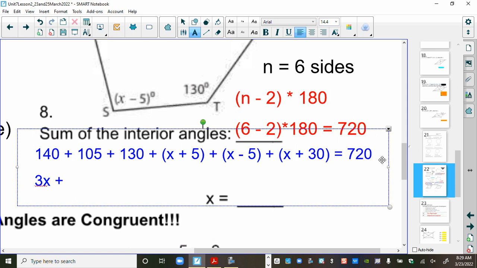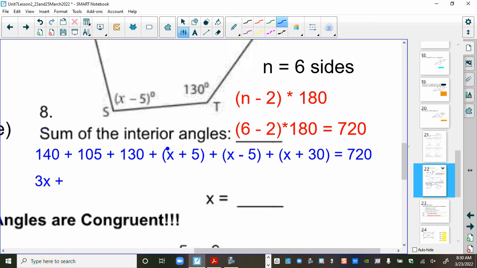plus, okay, add all your numbers or integers. You get 3 x's in total. 1, 2, 3. Then add up your numbers.